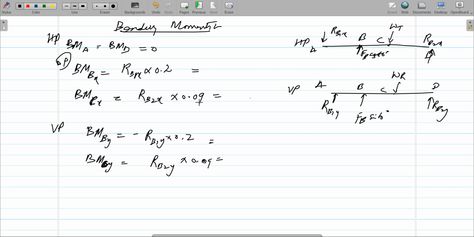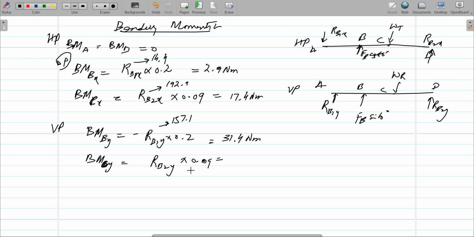So we know the values of the reactions. The bending moment at B in x is 2.9 Newton meter. RB1X is 14.4, RB2X is 192.9, so the answer is 17.4 Newton meter. RB1Y is 157.1, so the answer is 31.4 Newton meter.